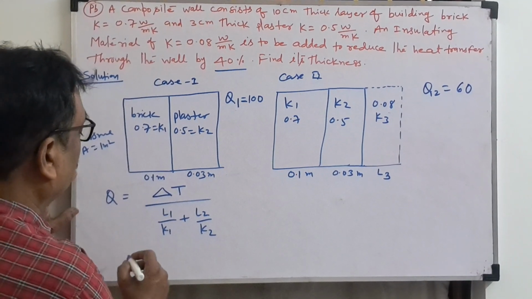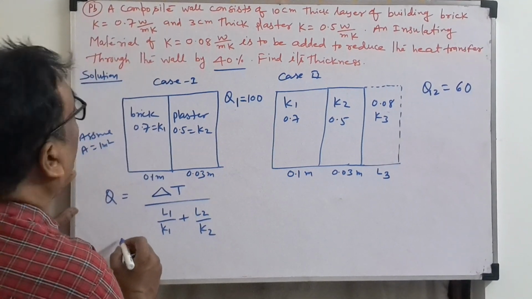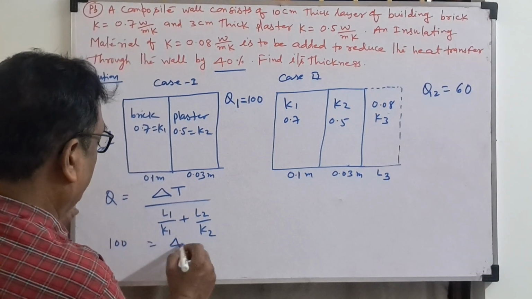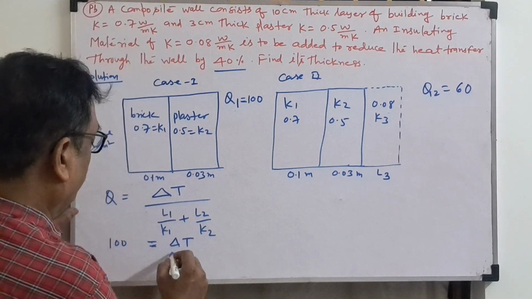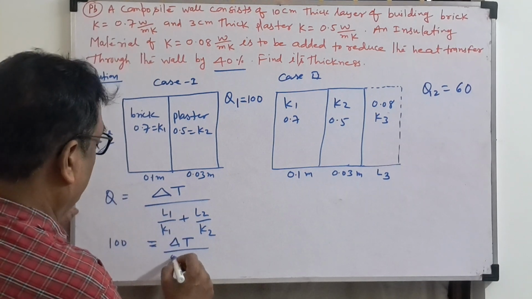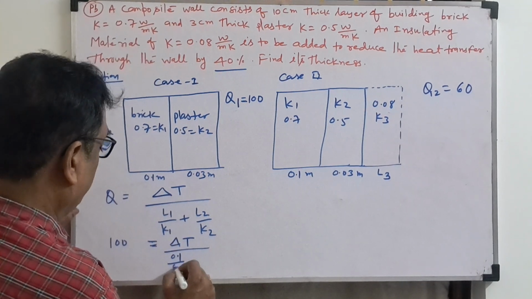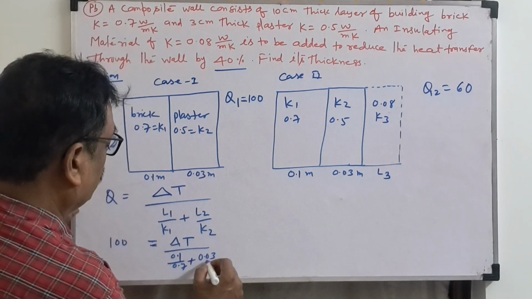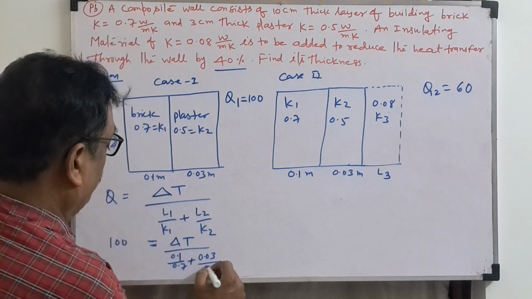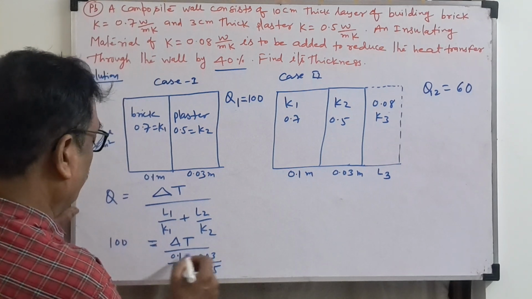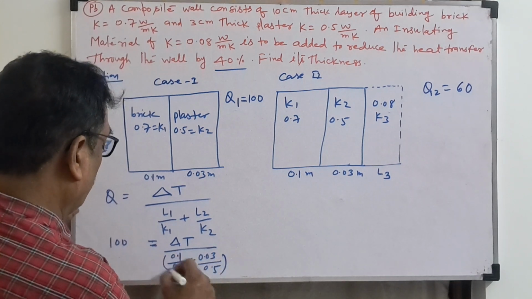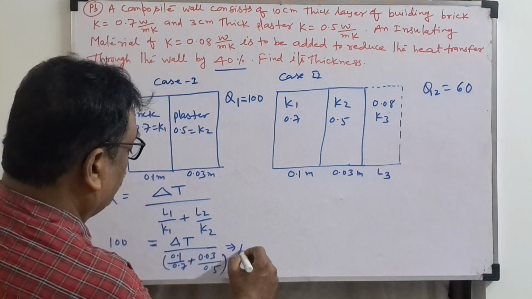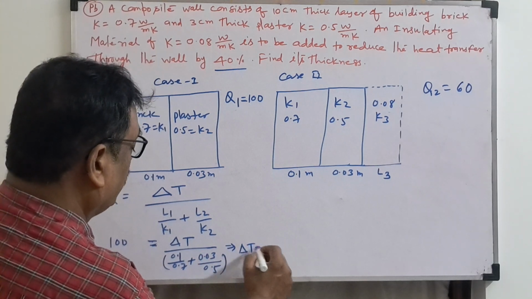So Q is 100, delta T, then substitute the values: 0.1 by 0.7 plus 0.03 by 0.5. If we solve this and multiply by 100, we will get delta T.